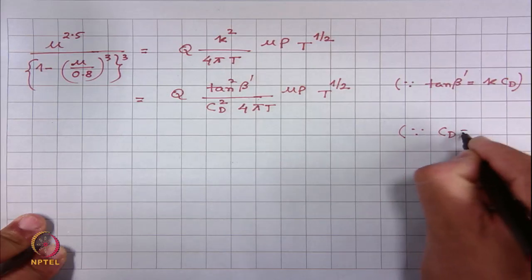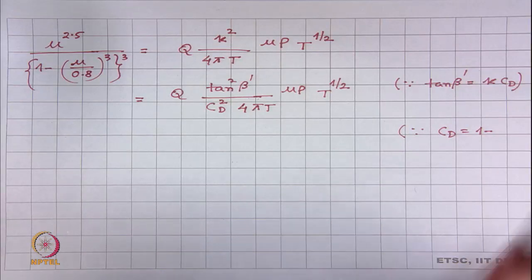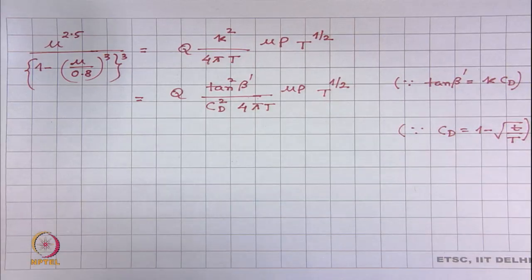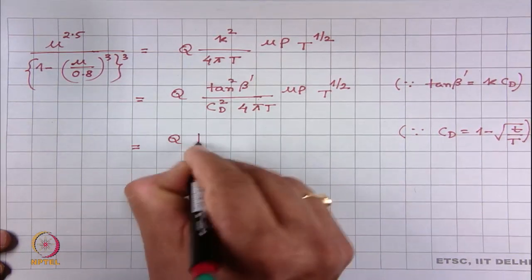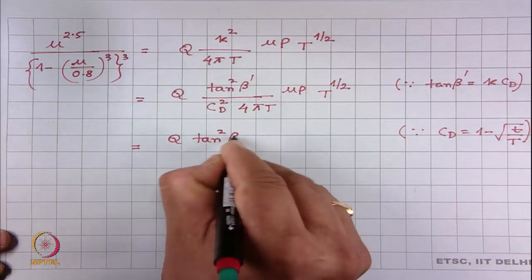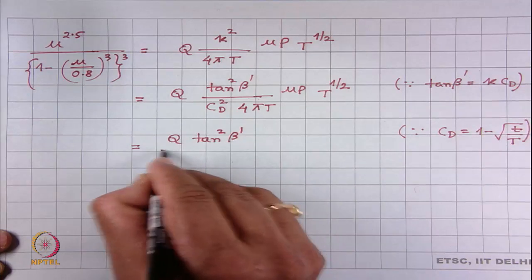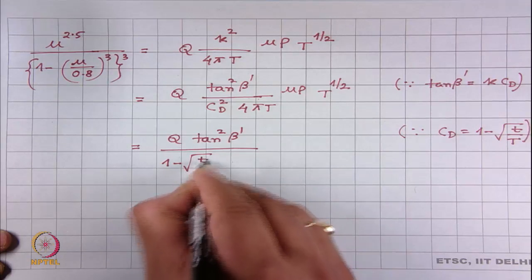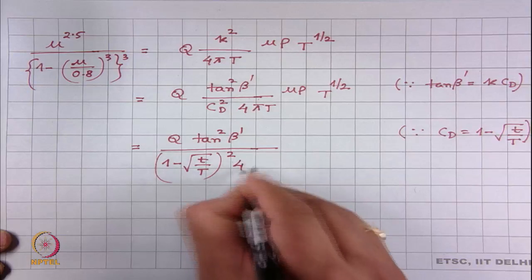C D is 1 minus, we have derived it earlier, 1 minus this, is it not? That is your C D. So, we substitute this Q, beta prime, one minus small t by capital T, square 4 into pi.